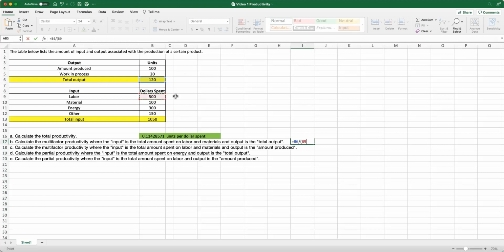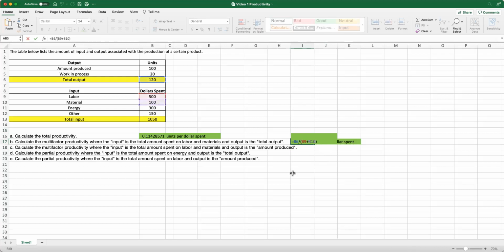All I need to do is to sum the amount spent on these two types of input, and then that will be 500 plus 100, which I represent by B9 plus B10 here. And the result of this calculation will lead to the multi-factor productivity that is asked from us. And we will say 0.2 units per dollar spent.